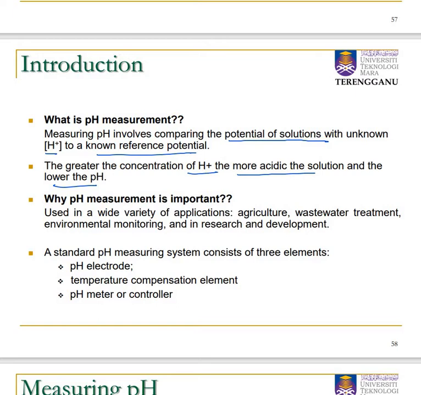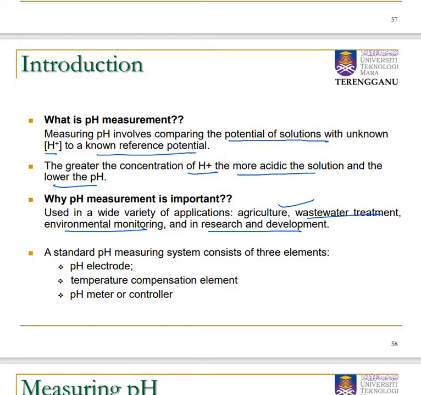So why is this pH measurement very important? Because pH measurement is used in a variety of applications, for example agriculture, wastewater treatment, environmental monitoring, and also research and development.